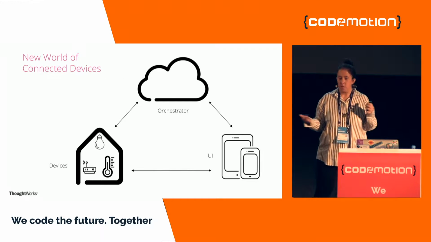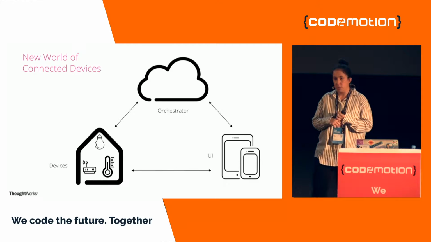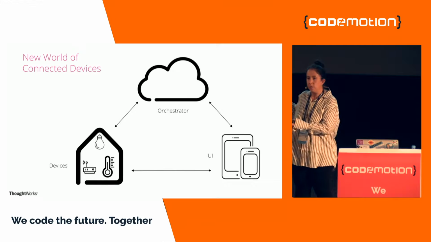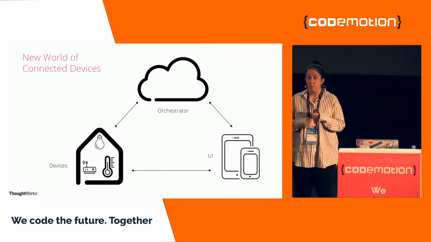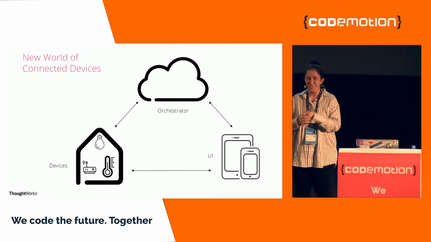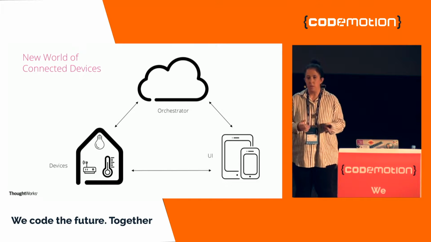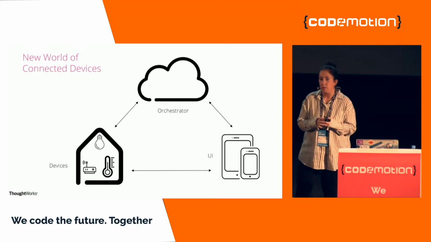If we are talking about the new world of connected devices, we are looking at an architecture that in a nutshell might look something like this. We will have a set of devices. Those can be inside a house, or inside a car, like in the company that I was working with. All of those devices will be connected with each other, maybe, and they will also be connected to some kind of backend system that will orchestrate how they function.